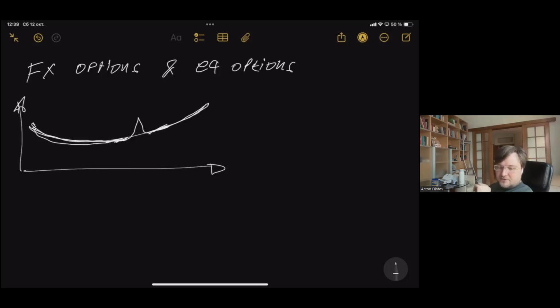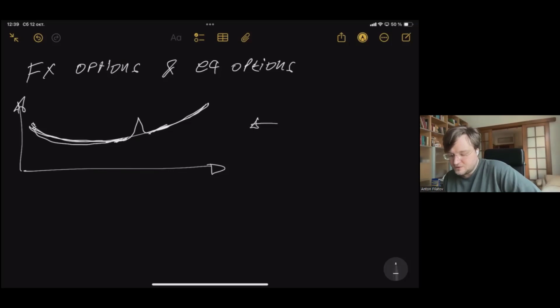So, for example, the first thing we will think about is what is the price? What do you call the price, and why is it that? And so on. So we'll go through everything from the basics. We will first make this volatility surface. This is the first part.